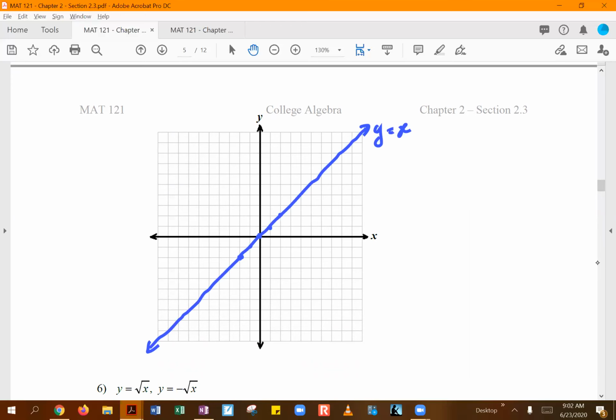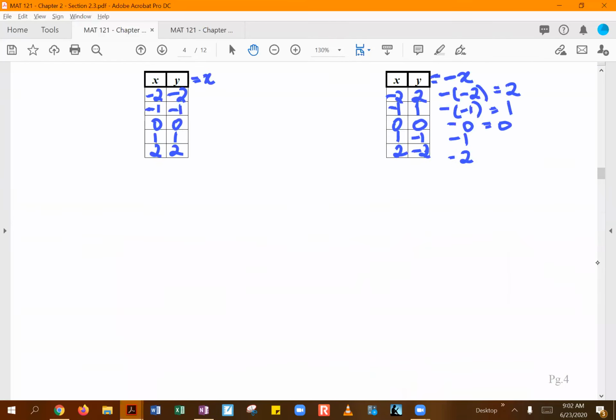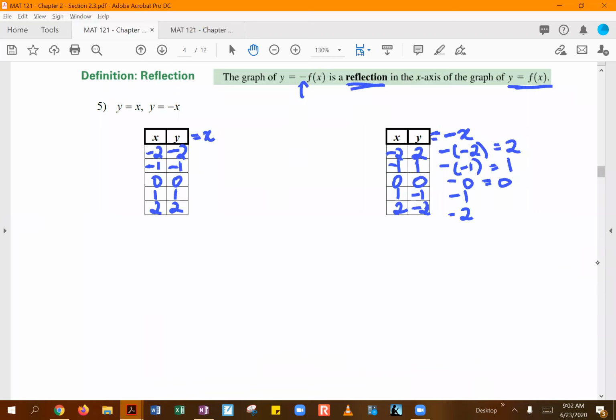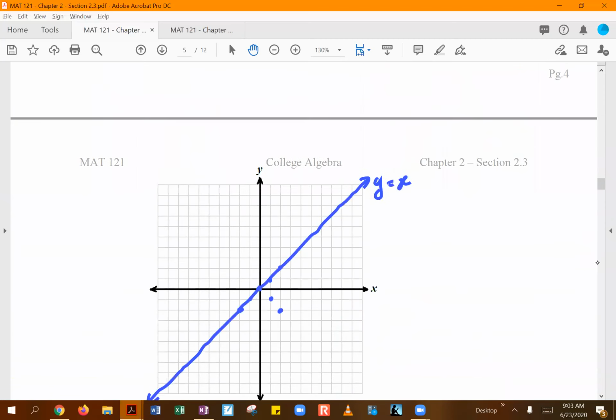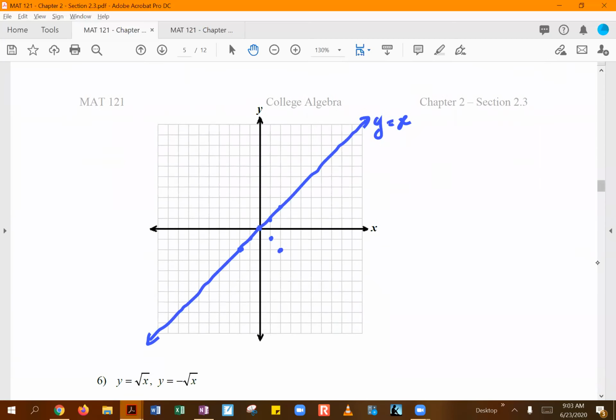Now with the reflection, we still had 0, 0, but then for positive 1, we have negative 1. For positive 2, we have negative 2, and these are these 3 points at the bottom that I'm doing. And now we'll do the negative 1, positive 1, and negative 2, positive 2, which will be over here. And of course, you can see how this reflection happens.